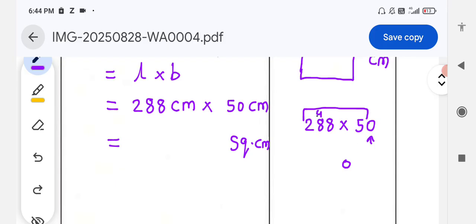Again 5 8s are 40 plus 4, 44, 4 carry 4 here. 5 2s are 10 plus 4, 14. And this ending 0 copy here. So what did we get? We got 14,400. 14,400 square centimeters is the total area of the wall.